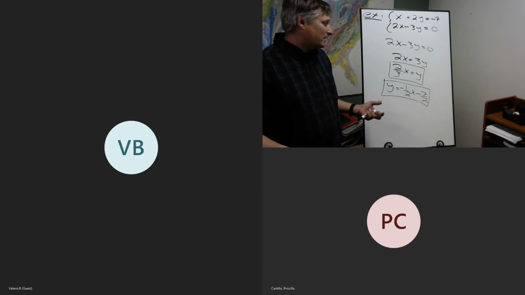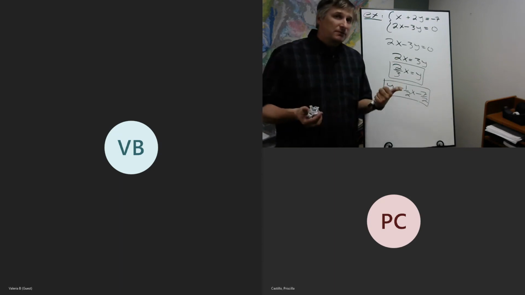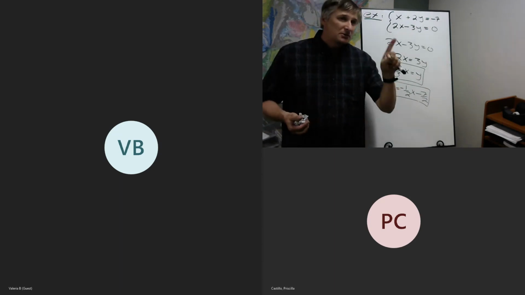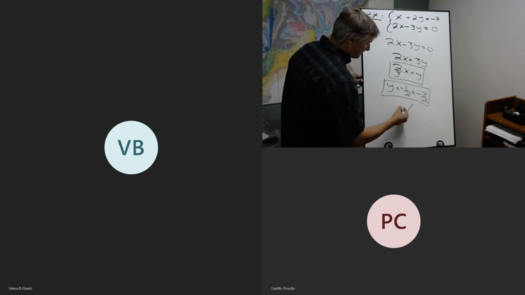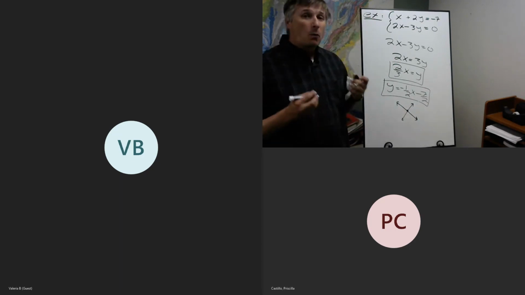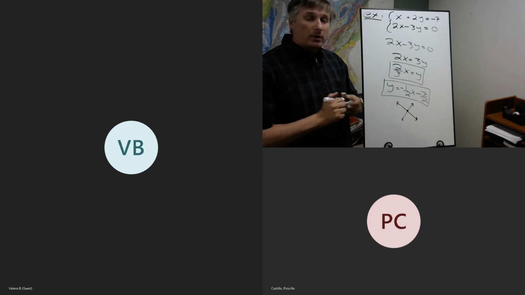So what that's going to mean, there are two different lines with different slopes. They're going to intersect at some one point. We just had to figure out where. So the way we do that is we just graph.